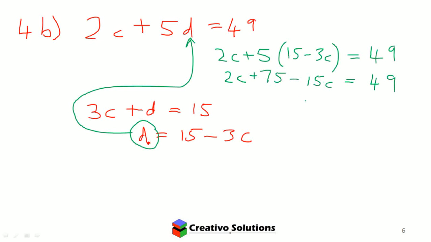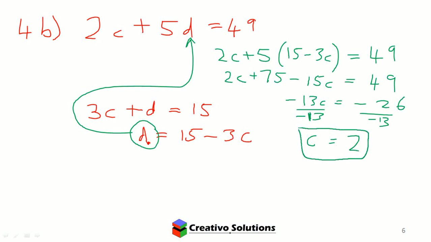I'm going to keep the c's on the left, so 2c minus 15c is minus 13c equal to 49 minus 75 gives us negative 26. So divide by negative 13. I'm going to get c equal to positive 2.